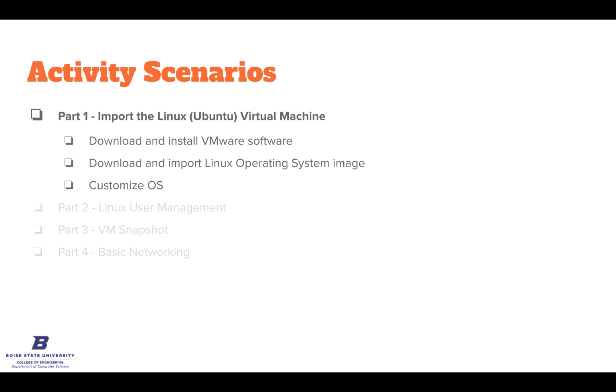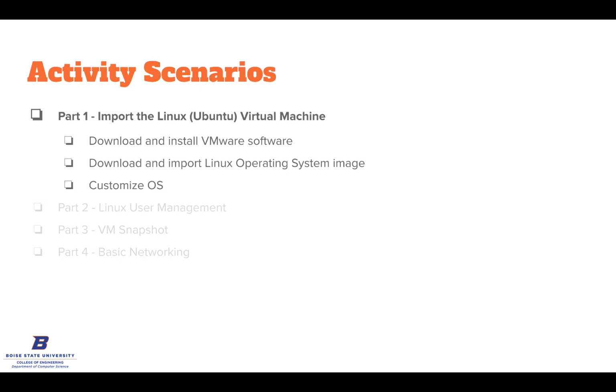So another thing is I want to make sure that you do not procrastinate in this scenario, because this part 1 is going to take a long time to complete just because you're going to spend a lot of time waiting for software to download. So the VMware software is a pretty large, I believe it was 2-3 gigabytes.